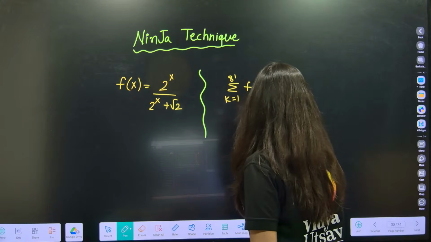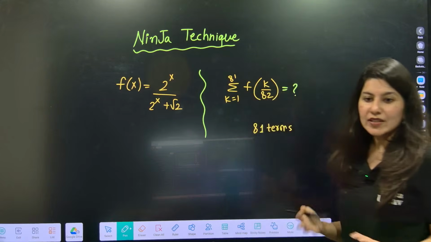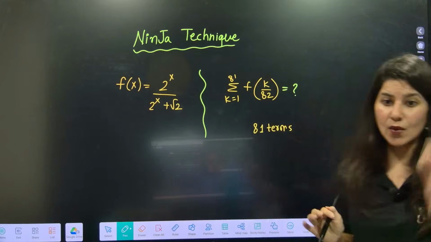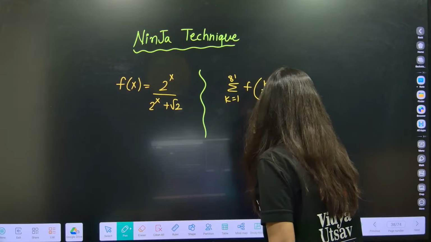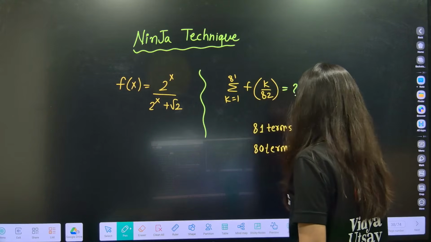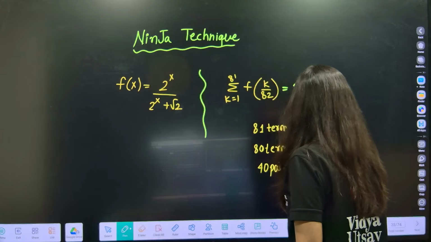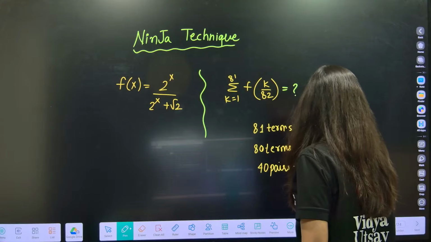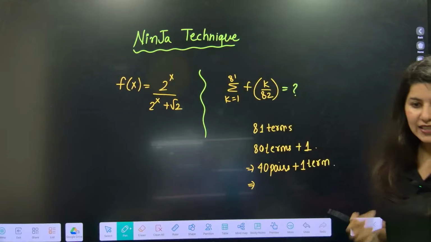If 81 terms are there, obviously pairwise distribution is not possible. All we have to do is write 80 terms plus 1 left out. 80 terms will be 40 pairs plus 1 term. Alright, this is what we are getting. Correct? Ninja technique, are you getting it?